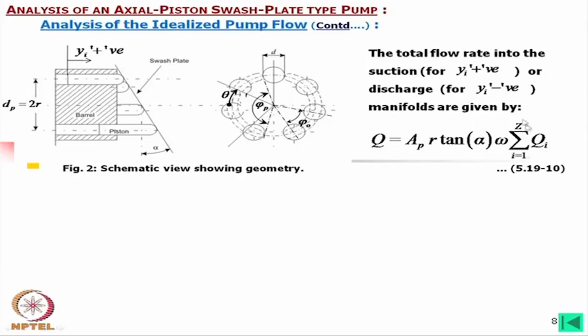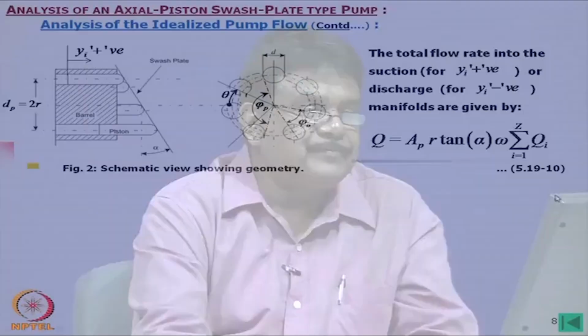So that consideration we have to make, and then this will be the expression. While we are considering Q i, we will consider the pistons which are in the suction zone or which are in the compression zone.